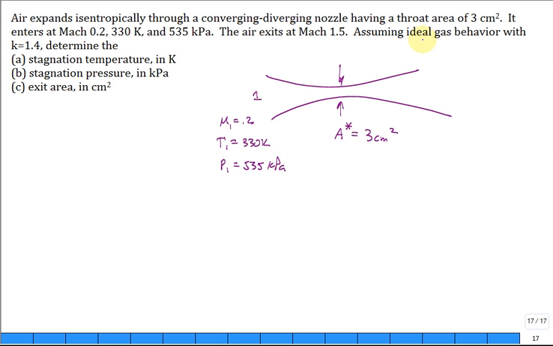Assuming ideal gas behavior, good, because we can analyze it using those equations. Otherwise, those equations don't work for water. Water is a poor ideal gas, true? And K is equal to 1.4, which basically is saying constant specific heats, which those analytic expressions were based on.